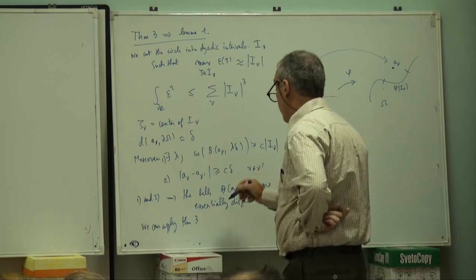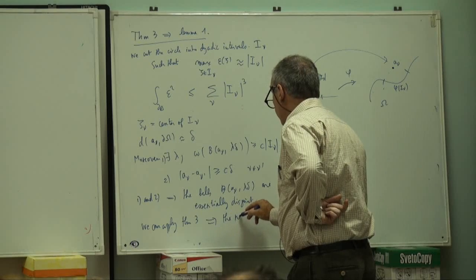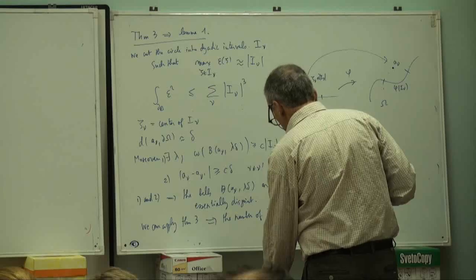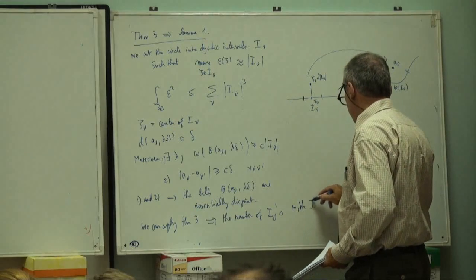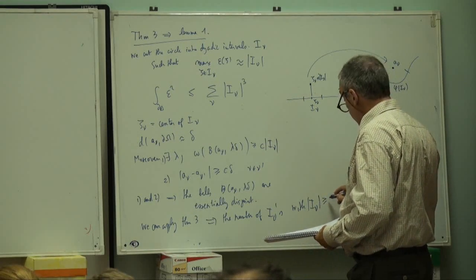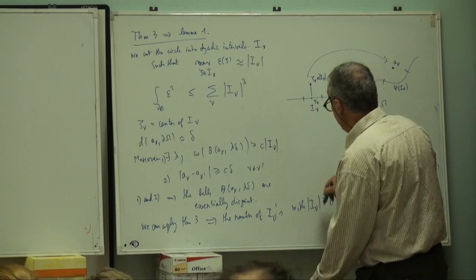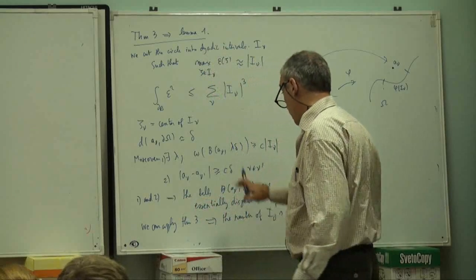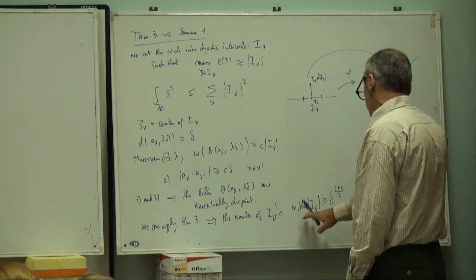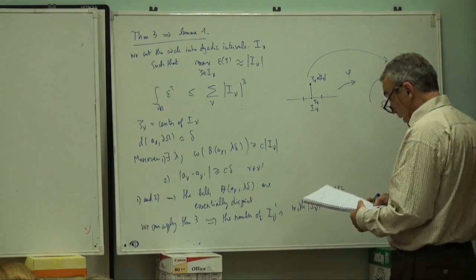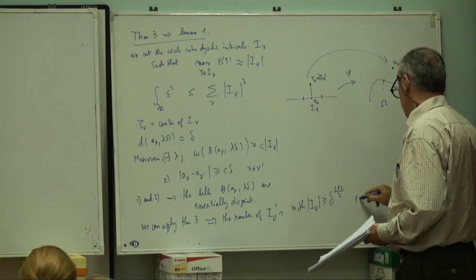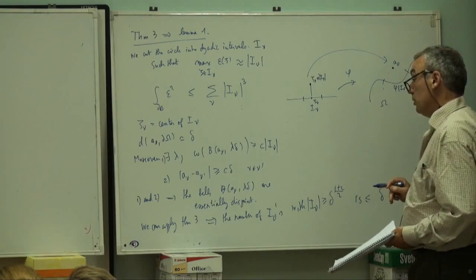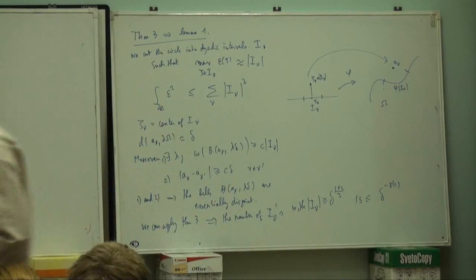And so the number of I nus with I nu greater than delta to the 1 plus c over 2, I nu being essentially the harmonic measure of the ball, okay, so the number of balls here with this is less than delta to the power minus gamma of c. Okay, and now we can just compute.